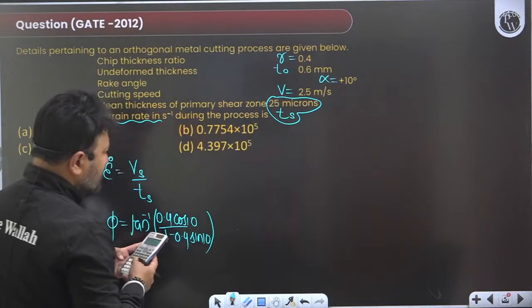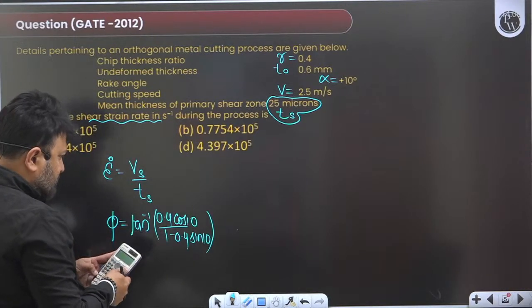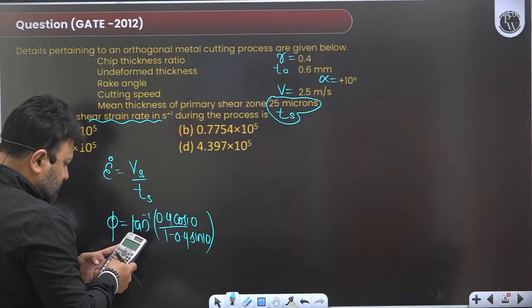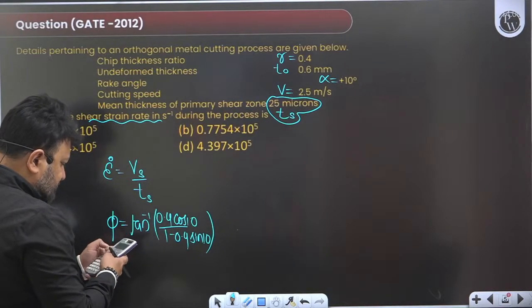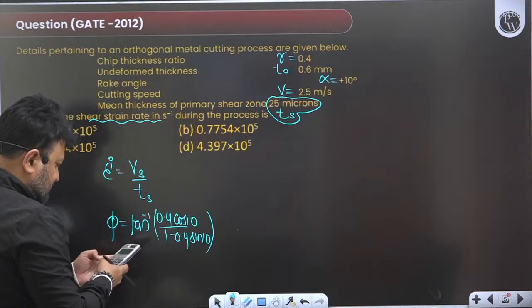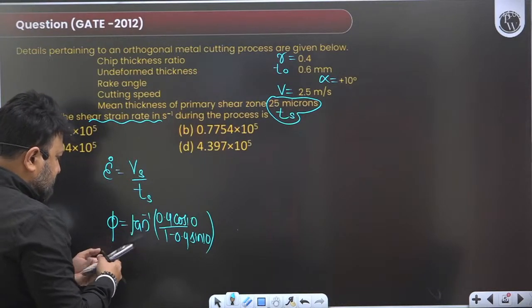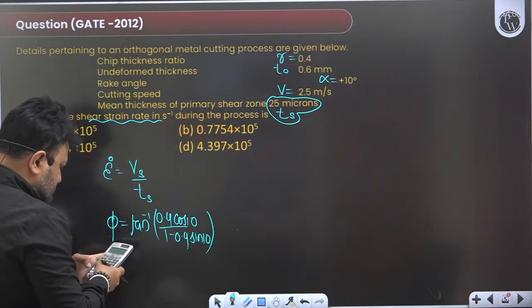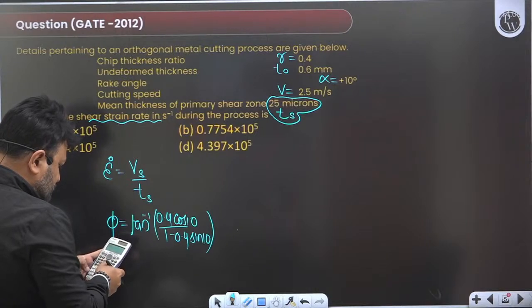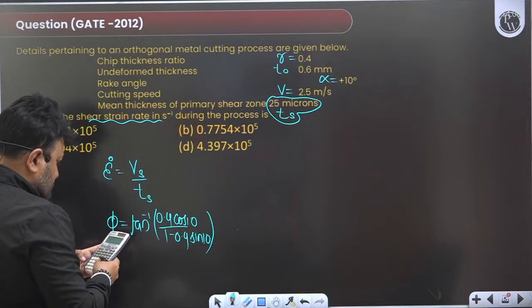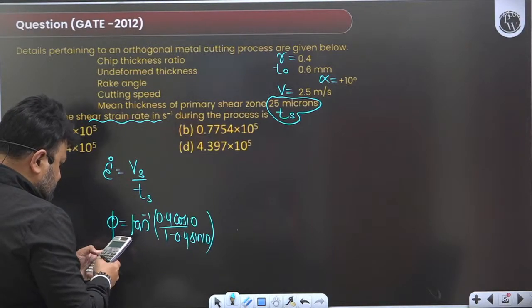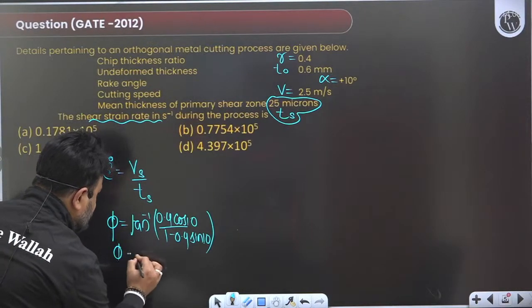With alpha equal to 10, we calculate it.